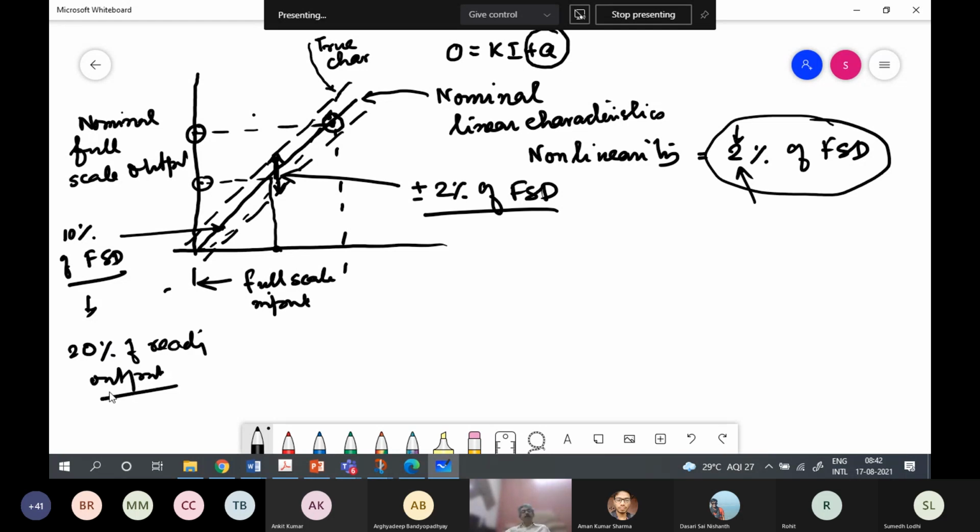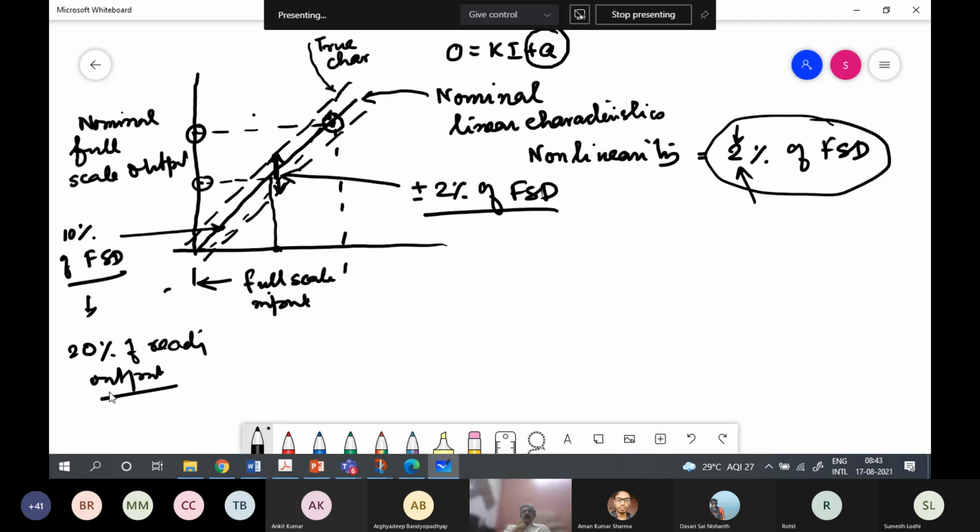So if you are predicting a reading of 10 degrees centigrade, the reading could be in error by 2 degrees centigrade, which may not be acceptable. While if you are measuring 100 degrees centigrade or 1000 degrees centigrade, then a 2% error may be acceptable.